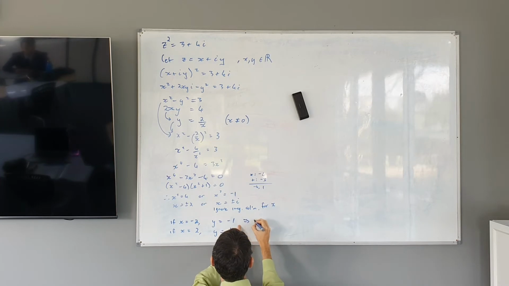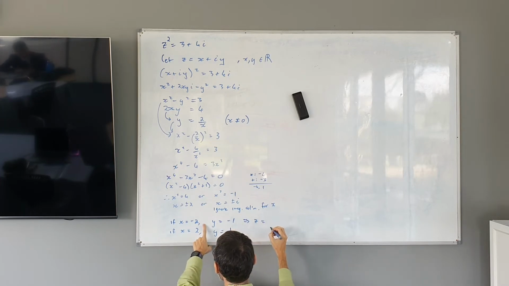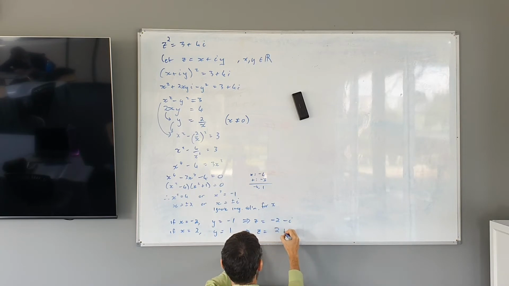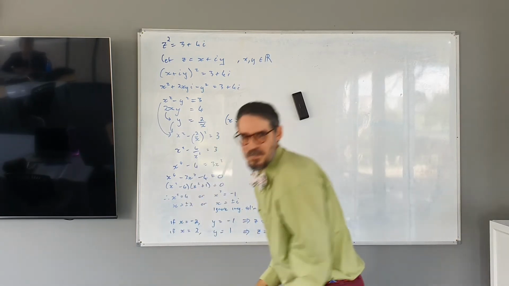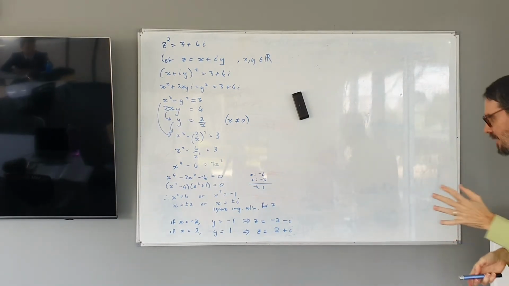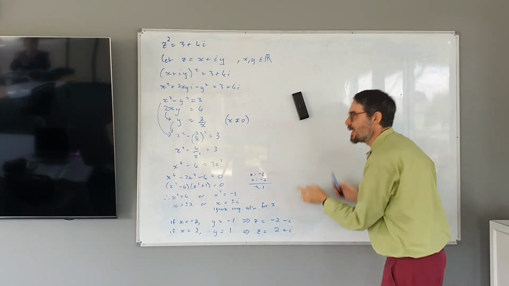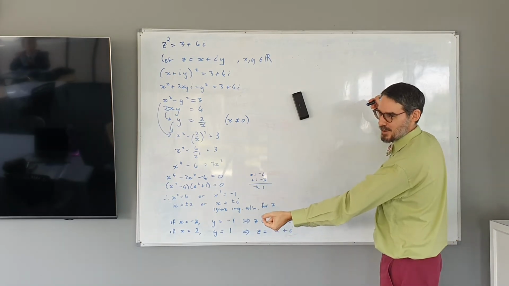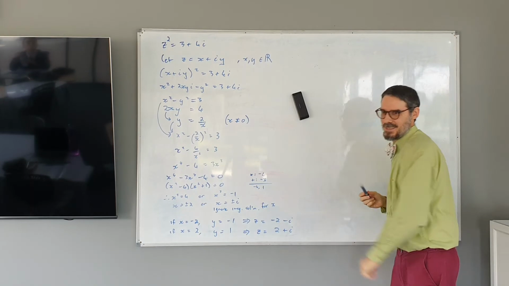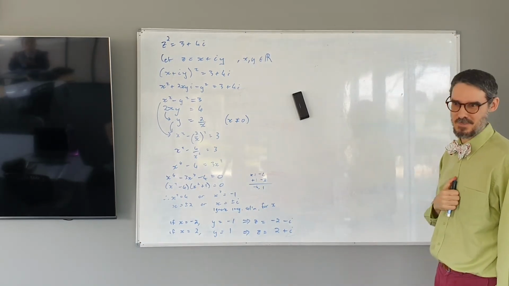This gives me z equals negative 2 minus I, and this one gives me z equals 2 plus I. And notice, these are indeed geometrically opposite across the origin. They will always be equally spaced around a circle around the origin.